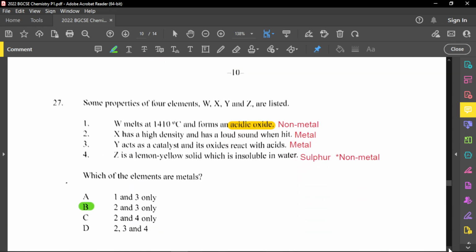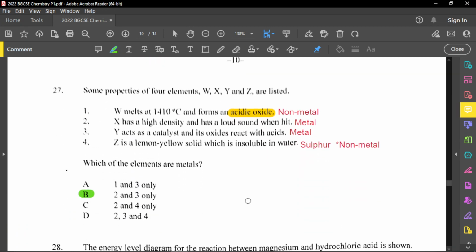All right, question number 27 says that some properties of 4 elements, W, X, Y, and Z, are listed. This may not be so clear, so let me read through it real quick. For W, it melts at 1,410 degrees Celsius and forms an acidic oxide. Once you form an acidic oxide, you know this is a non-metal, right?